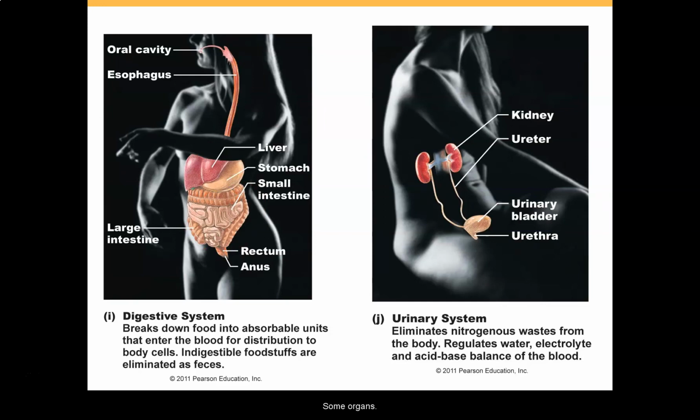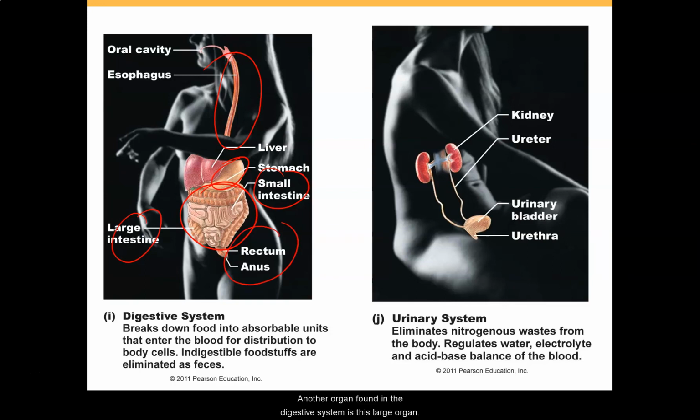So some major organs found in the digestive system, for example, this very long tube, the esophagus, stomach, intestines, which are small and large, and of course at the very end, the rectum, followed by the anus.